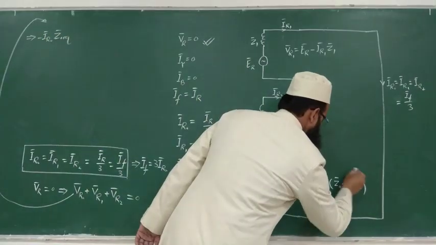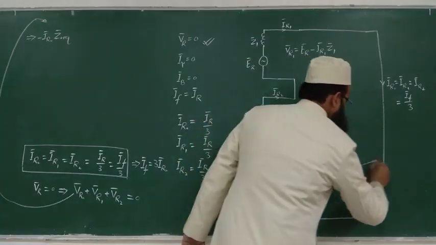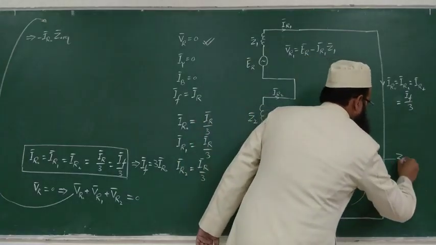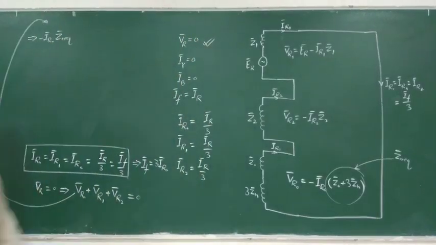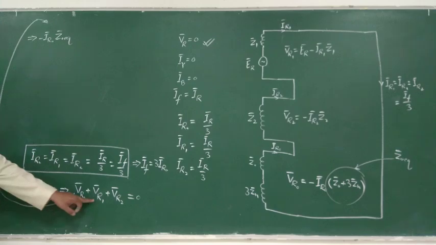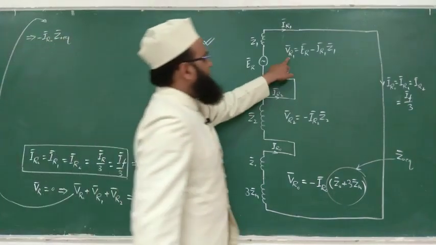We have used this earlier, so this combined is denoted by Z0 equivalent. Then VR1. What is VR1?